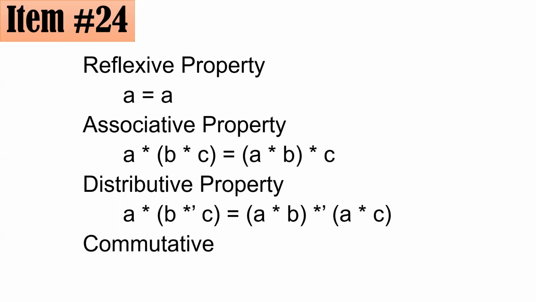And lastly, when we say commutative, A star B is the same as B star A, where the star there or the asterisk could actually symbolize addition and multiplication.